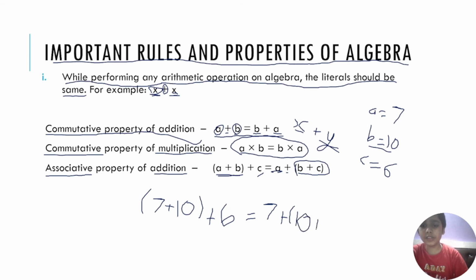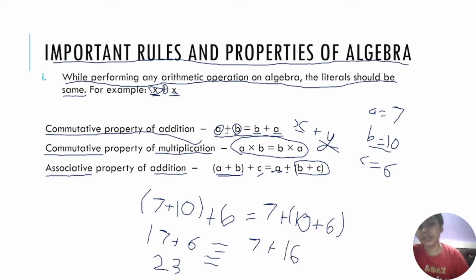So now we'll solve it and see if the answer is the same. 7 plus 10 in the bracket is 17, plus 6, it is equal to 23. So I'll write 23 down. And then what is written here? 7 plus 10 plus 6, that means 7 plus 16. 7 plus 16 is also equal to 23.